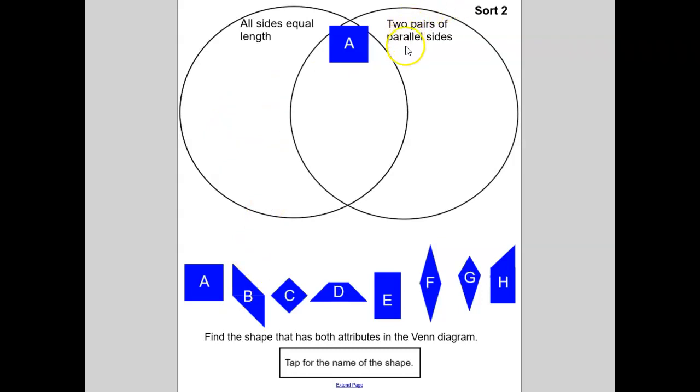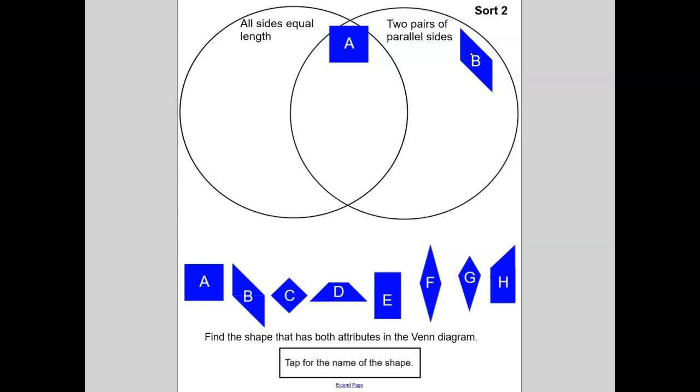Does it have two pairs of parallel sides? Okay, well, this side is parallel to this side, so there's one pair. And this side is parallel to its opposite side. So yes, it does have two pairs of parallel sides, but not all of the sides are equal length, so it can't overlap with both attributes and it can't go on the left side. So I know shape B belongs in the side of the Venn diagram that says two pairs of parallel sides.